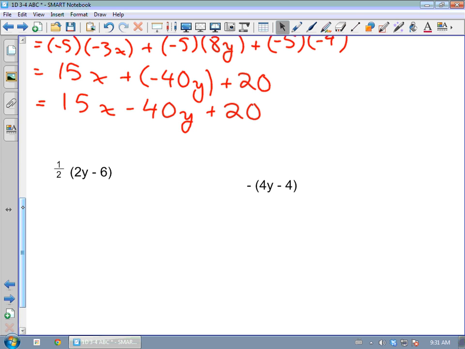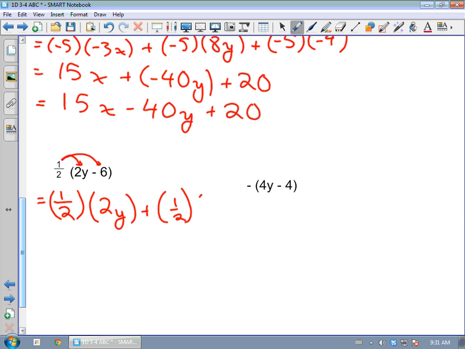Here I got a fraction out in front. I'm going to do the same thing. I'm going to have 1/2 times 2y plus 1/2 times negative 6. How do I do 1/2 times 2y? Remember, we're just thinking about the coefficients here that we're multiplying.